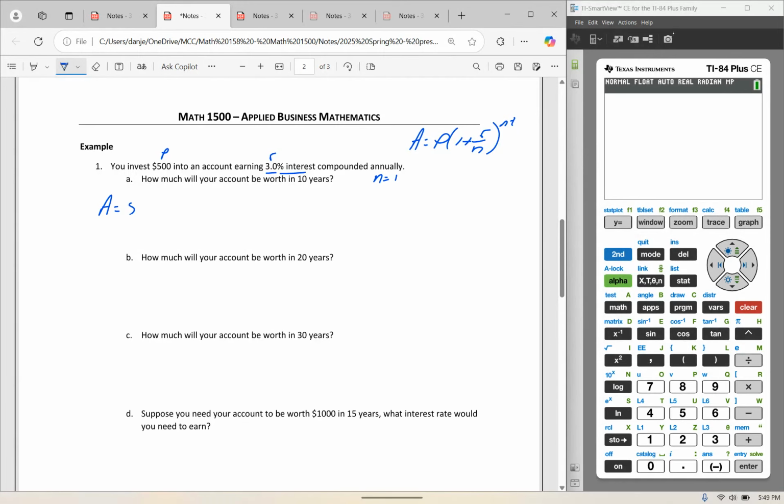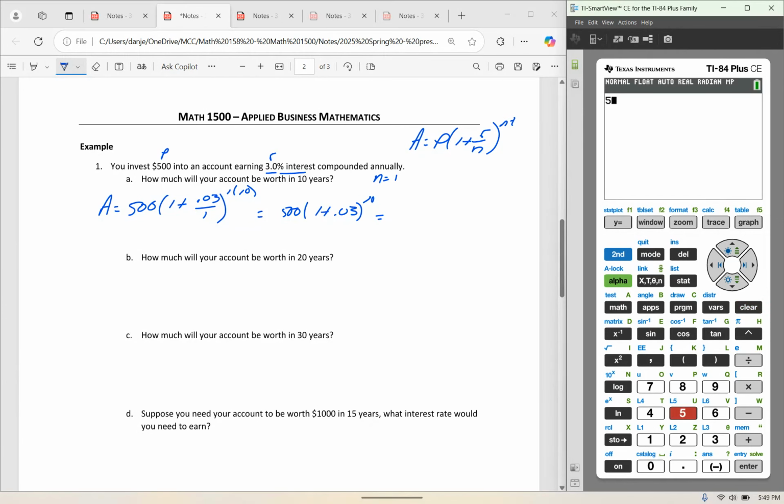So A will be 500 times 1 plus 0.03 divided by 1 to the 1 times 10. Now with that N being 1, I can rewrite that as 500 times 1 plus 0.03 to the 10th.